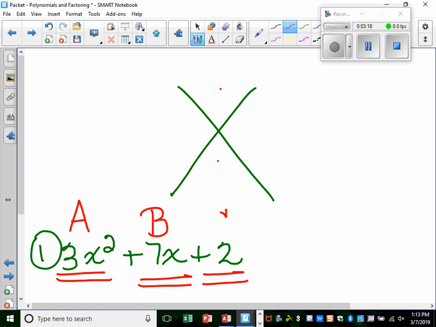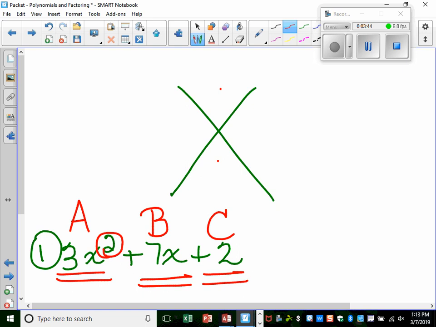And the third term is your constant. That is your C term. This method will work for just a trinomial, where specifically this is an x squared. That's important because we're only doing x squareds, because that's what we considered a quadratic equation.